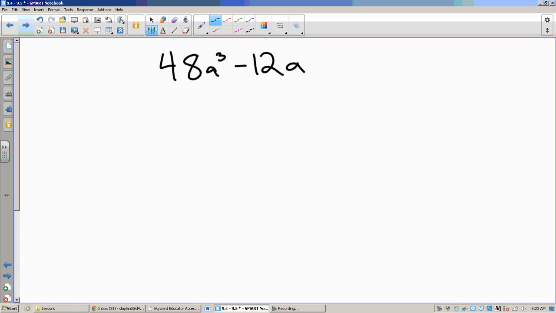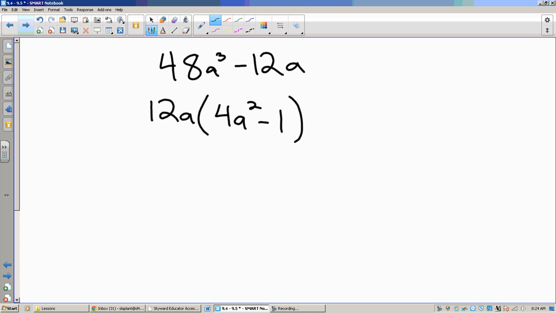They have a 12a in common. So I'm going to take that 12a out, and what am I left with? Olivia? 4a to the second. Minus what's 12a divided by 12a? Yeah, minus 1.